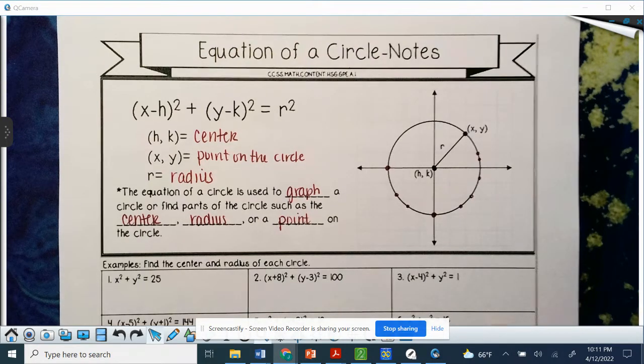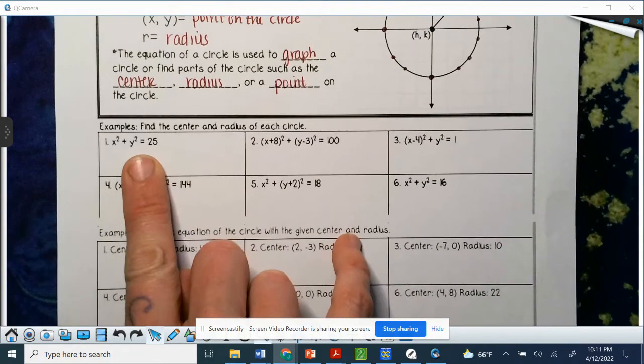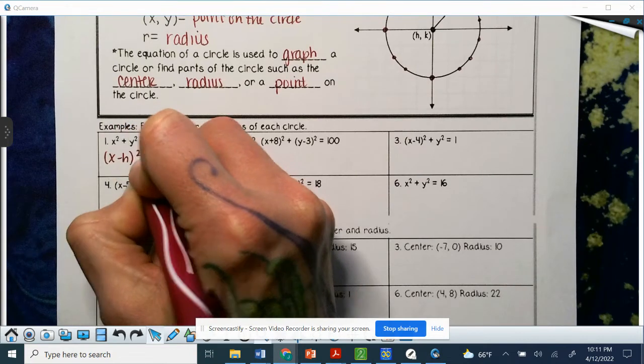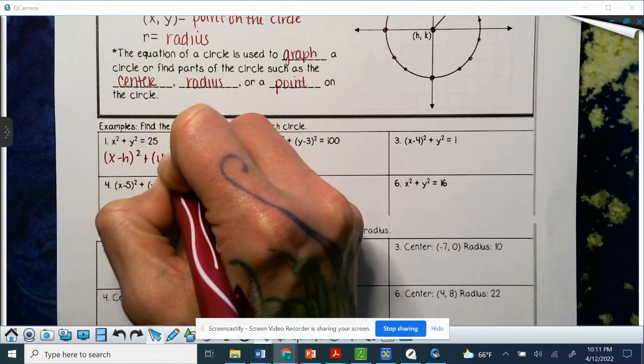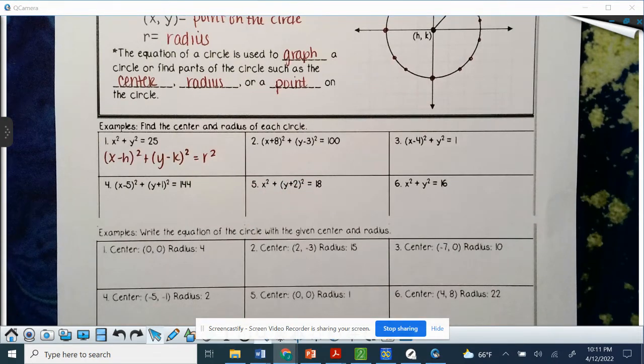So with that said, looking at our x squared plus y squared equals 25 example. Remember, we are going with (x minus h) squared plus (y minus k) squared equals r squared to answer these questions.